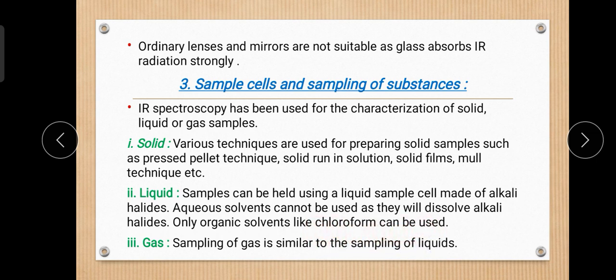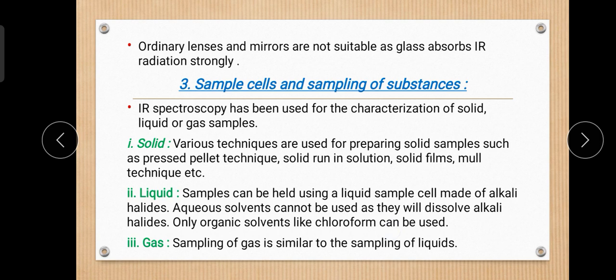That means for the liquid sample also we cannot use the liquid sample directly as it is. It can be held using the liquid sample cell, which is made from alkali halides like potassium bromide, and aqueous solvents cannot be used, as they will dissolve the alkali halides.